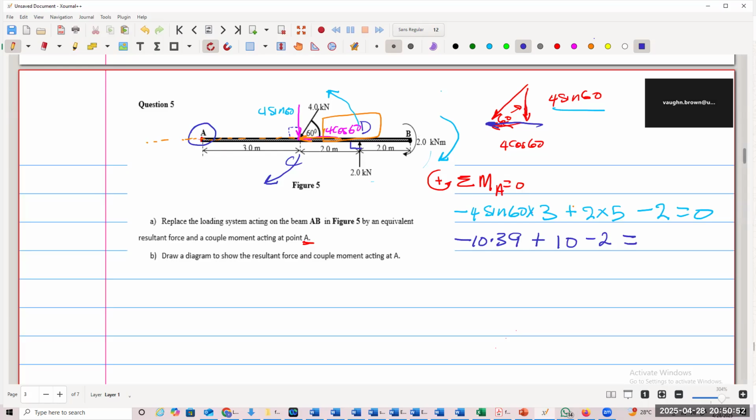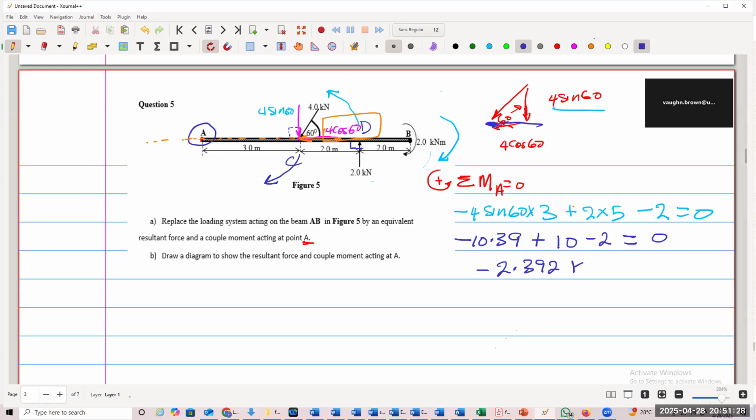So we're getting a moment there. What's the moment value here now? It's working out to be something like 2.39. So it is minus 10 plus 10 minus 2. So we are working it out to be minus 2.392.